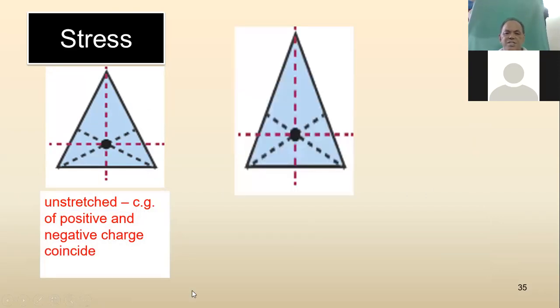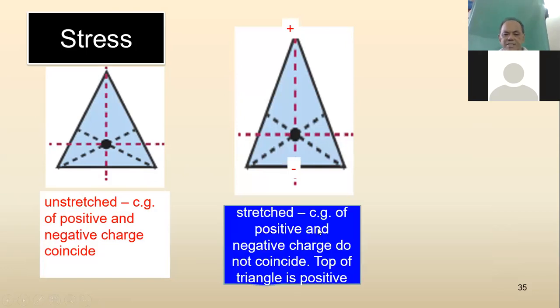But when you stretch it, what is going to happen? You are trying to pull this positive up. So now the positive and the negative centers don't coincide anymore, the center of gravity. So the top part is positive, bottom part is negative.